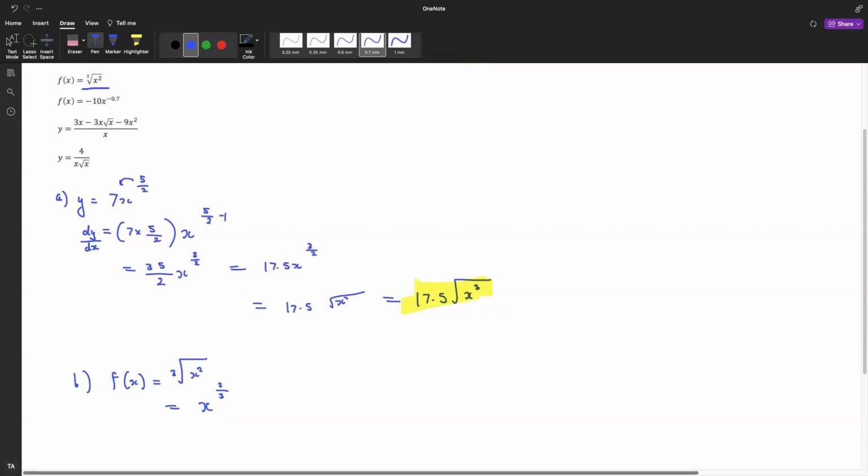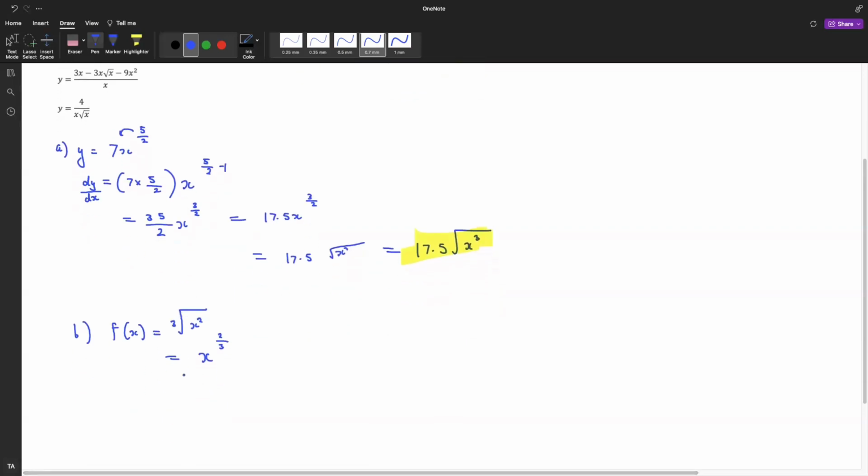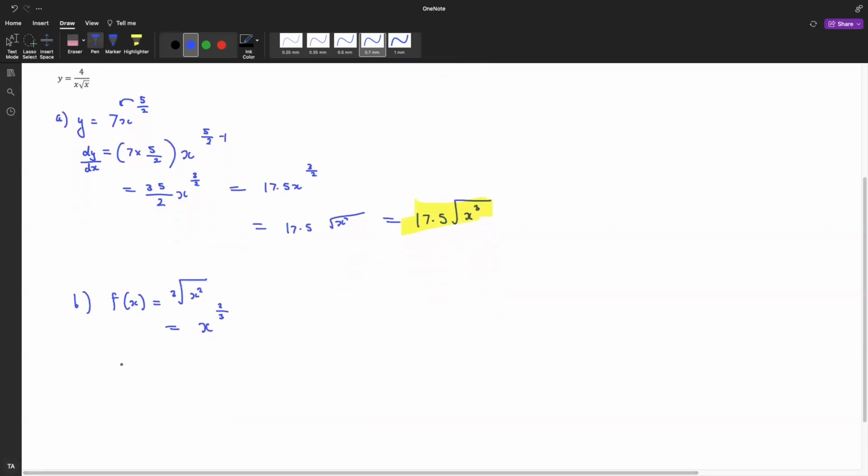We're going to bring the power down, and then subtract the power by 1. So f dash of x is equal to 2/3x, and then you reduce the power by 1, so 2/3 minus 1. So that just becomes 2/3x to the power of -1/3.